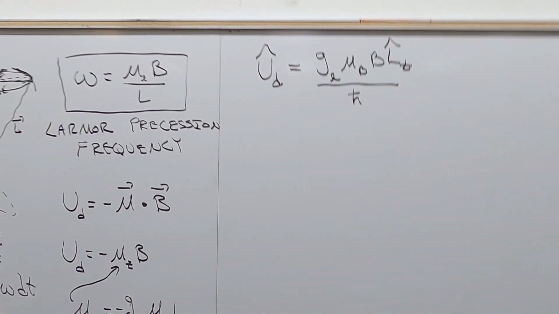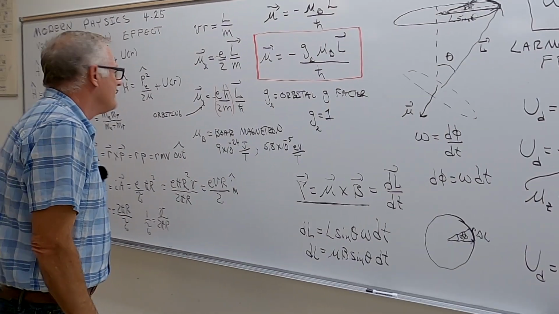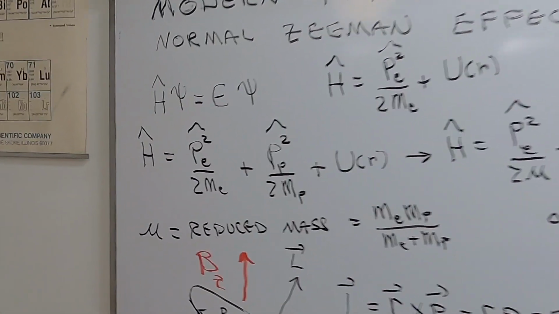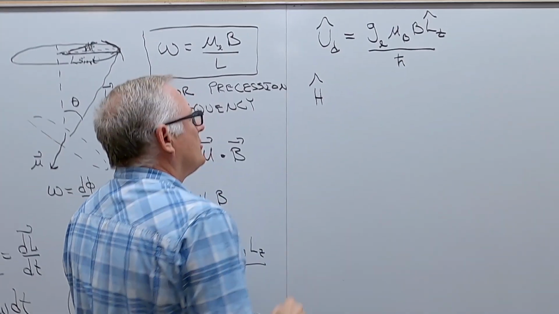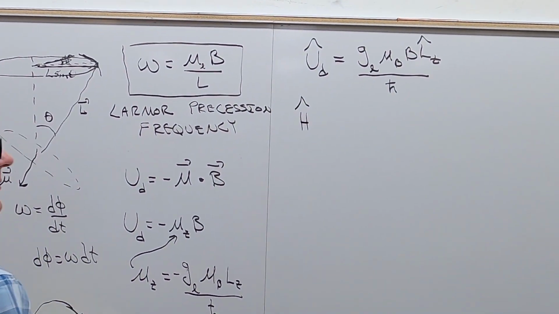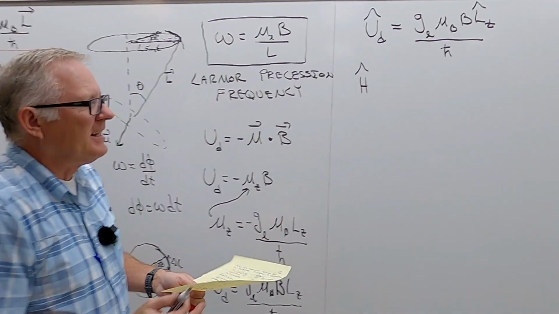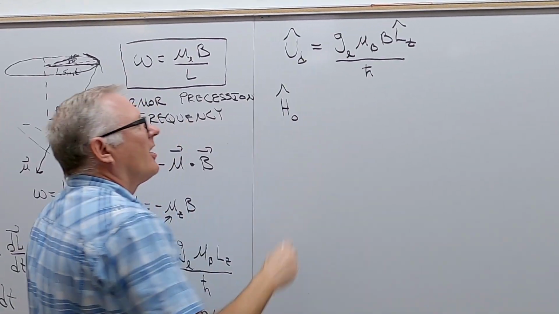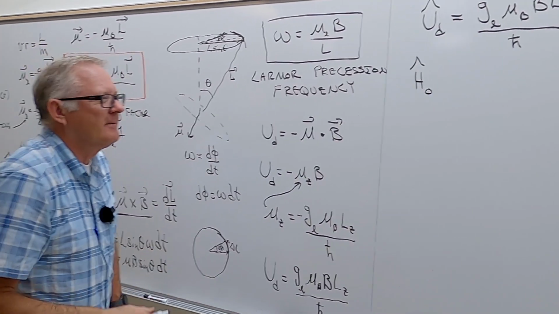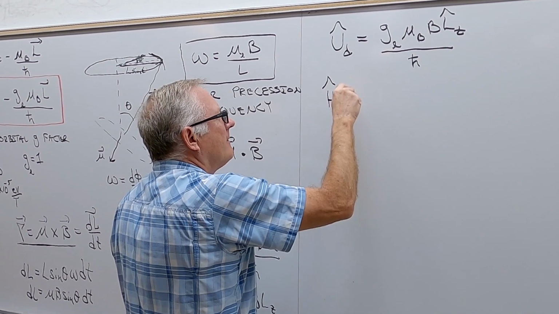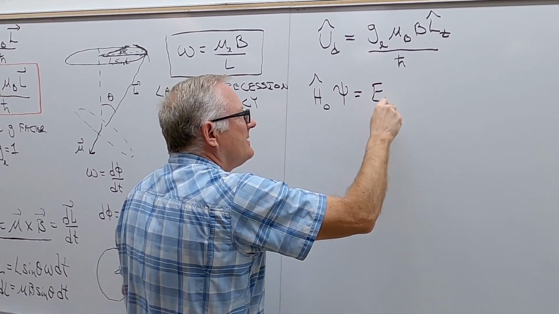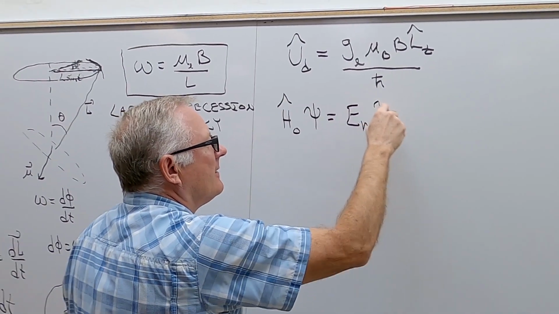So now what I can do is go back to my original equation, H, which is the potential plus the kinetic. But not that potential, maybe I'll put a little O. That's our old Hamiltonian acting on psi, and it gave us our energies acting on psi.